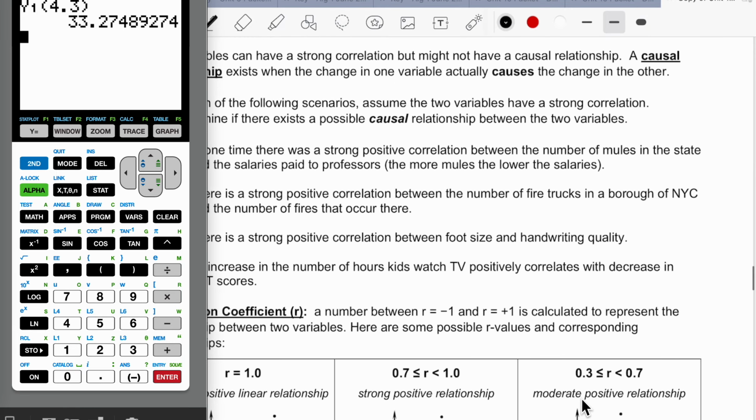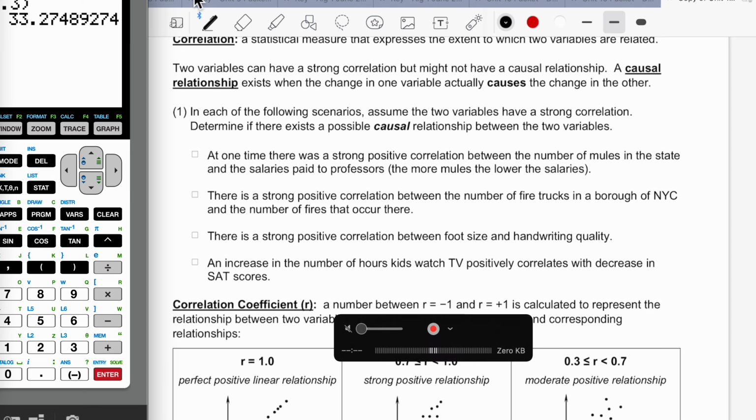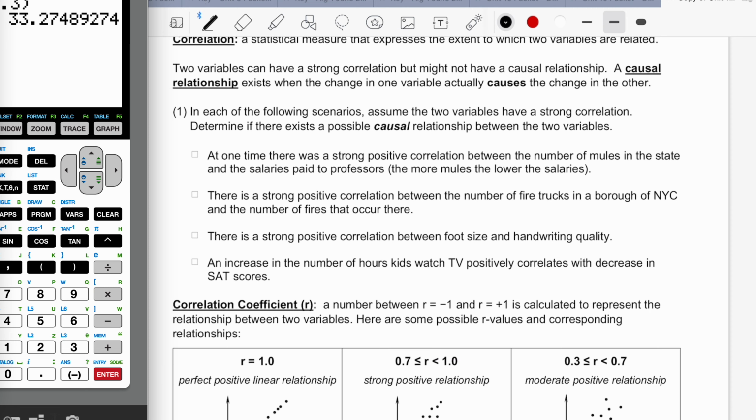I have some basic scenarios here. Some of them are a little kind of frivolous. At one time, there was a strong positive correlation between the number of mules in the state and salaries paid to professors. The more mules, the lower the salaries. I would not imagine that the mule budget is impacting how much professors at whatever college are being paid.